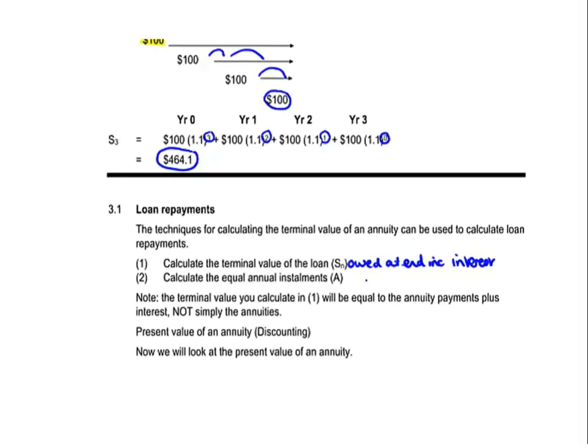And we're going to look now at a way of calculating the present value of the annuity. So in the same way with one-off amounts, we wanted to know what it was worth in today's terms. What we're going to be looking at with an annuity is what's the present value of it, so we can make comparisons.